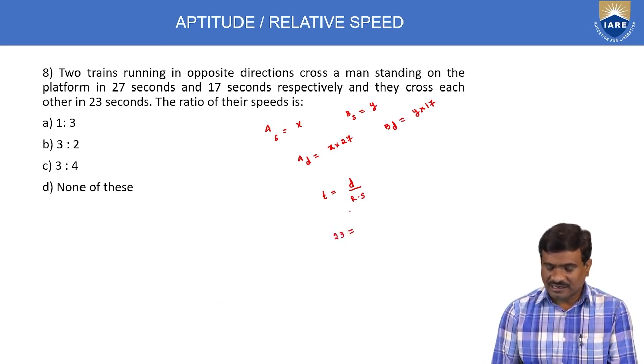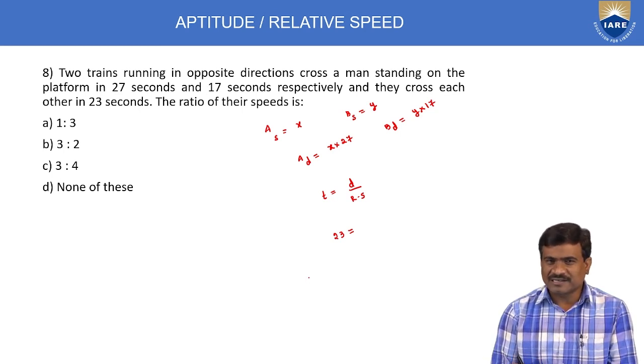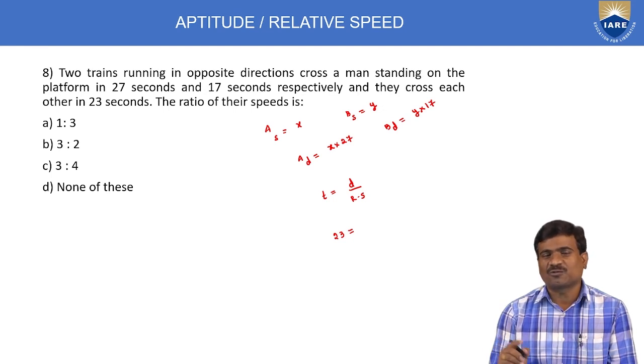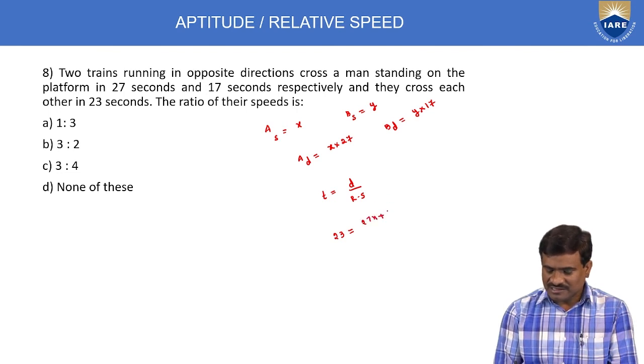When a train crosses another train, the distance is equal to the sum of the lengths of the two objects. The first train's distance is 27x, the second train's distance is 17y, divided by the relative speed x plus y.